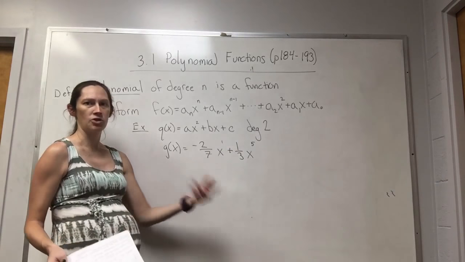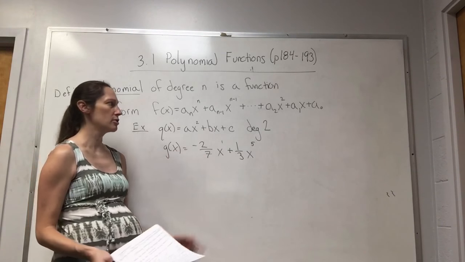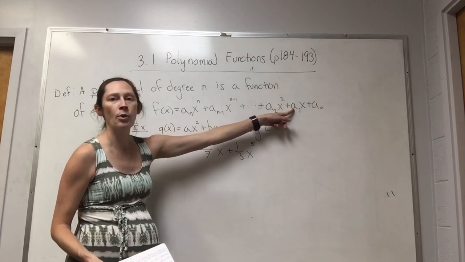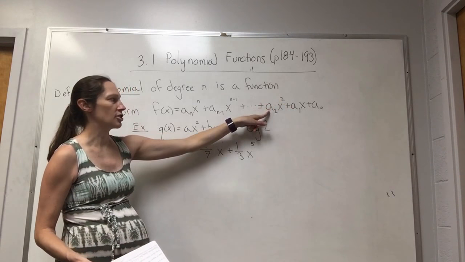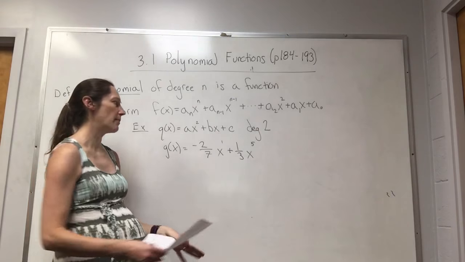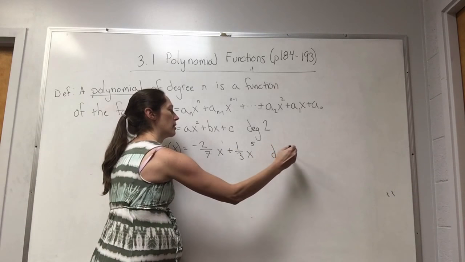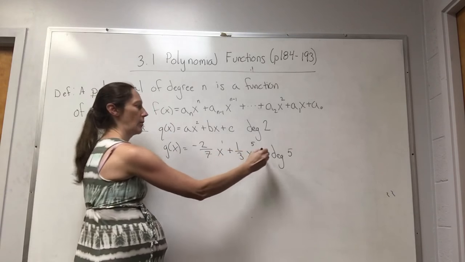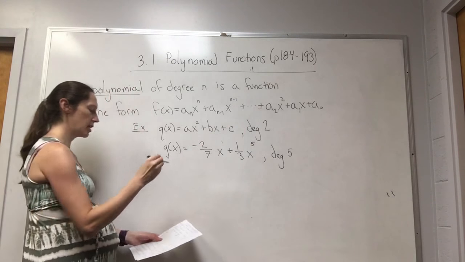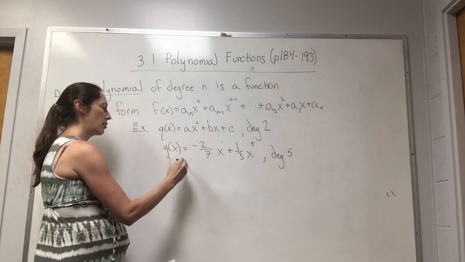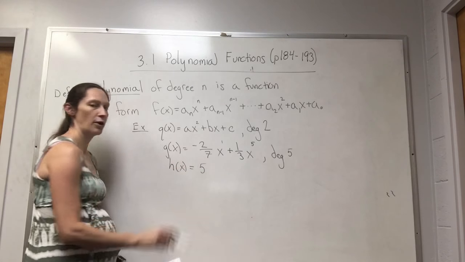It's okay that I skipped squares, cubes, and fourth powers. That's just indicating in the form that some of these coefficients are actually 0. That's all right. If I look for the highest power of x, that's going to tell me the degree. Degree there is 5.